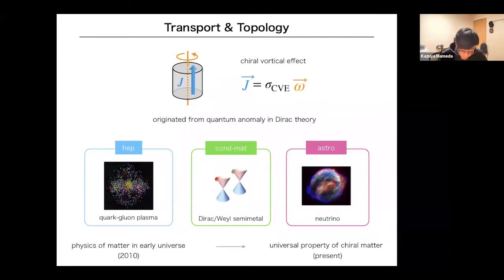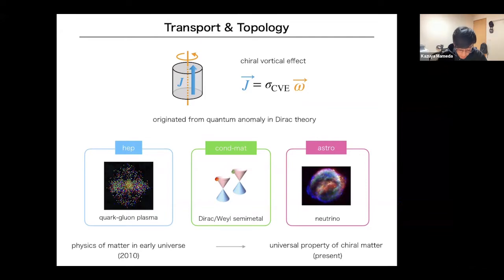Then we can observe a current along this direction, along the rotational axis. Of course, at the classical level, we cannot expect such a transport effect.